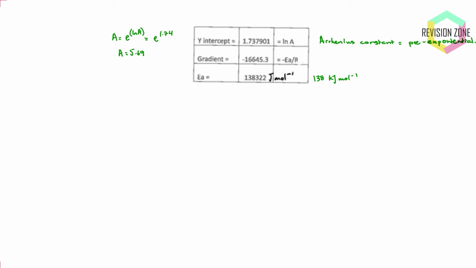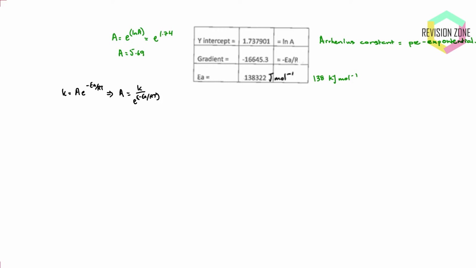The alternative to that particular method is to actually rearrange Arrhenius's equation as follows. If Arrhenius's equation is k equals A e to the power of minus Ea over RT, I rearrange it so that A is equal to the rest, so A therefore becomes k over e to the power of minus Ea over RT.